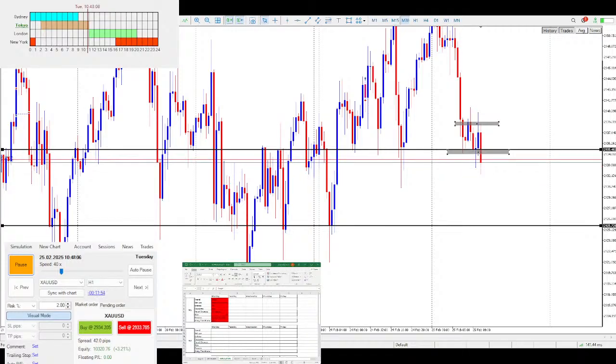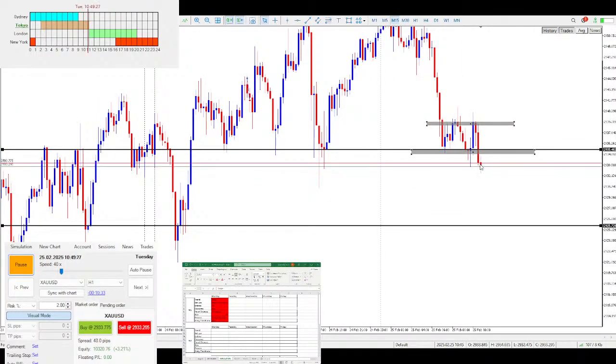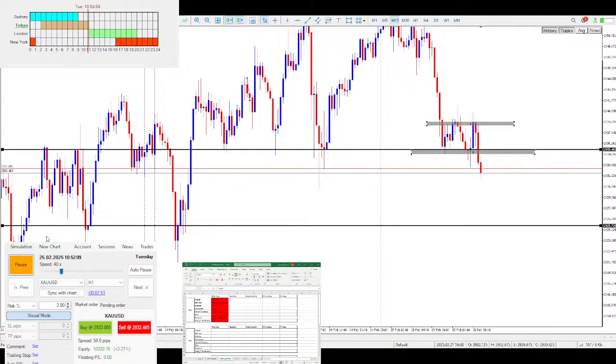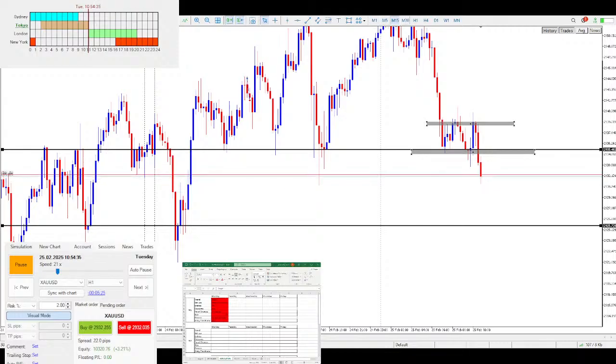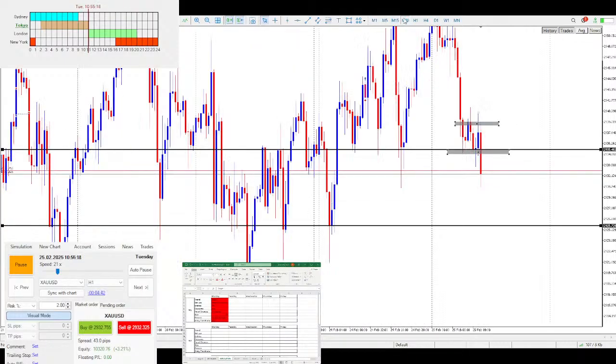I wanted to take an impulse when this M15 broke the previous M15, but the stop loss could have been too big. That's why I didn't take the trade.